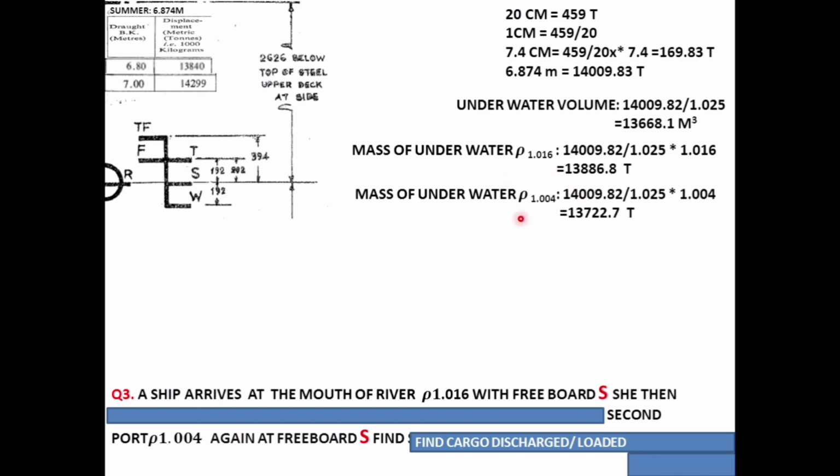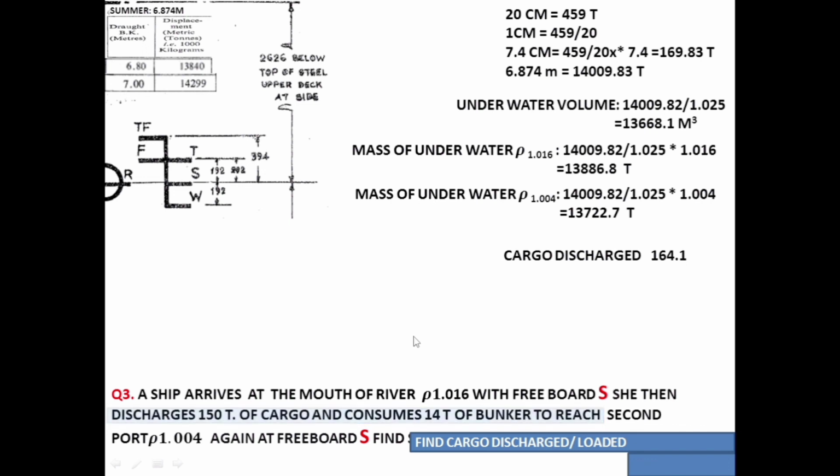In the other relative density again, the drafts are the same, so underwater volume will still be the same. The mass would change, multiplied with the density, and you get the mass of underwater volume. And the difference between these two would give you the cargo discharged or loaded. And that is what we see here, that the amount is nearly the same as this.